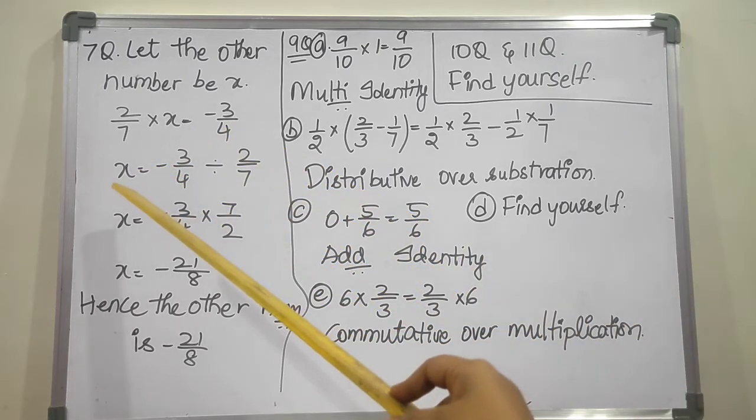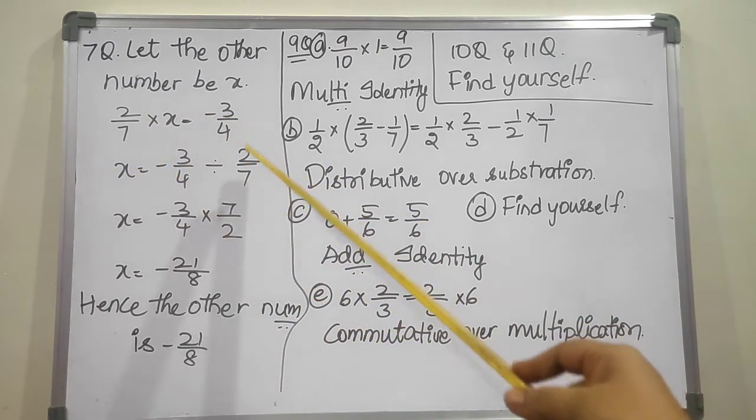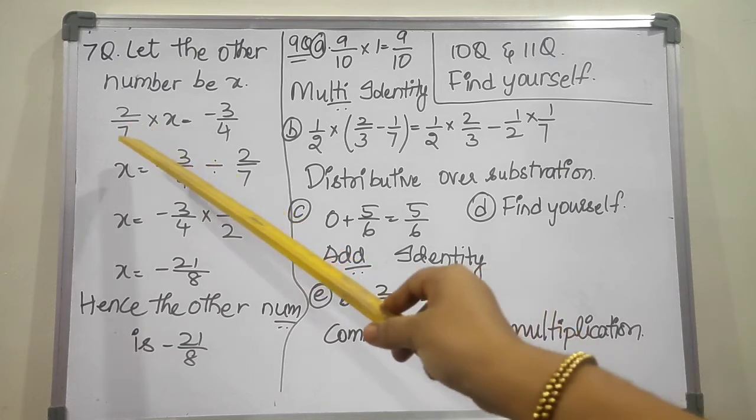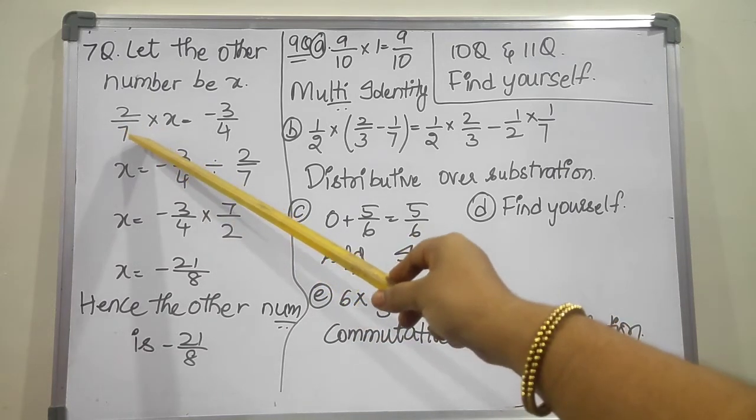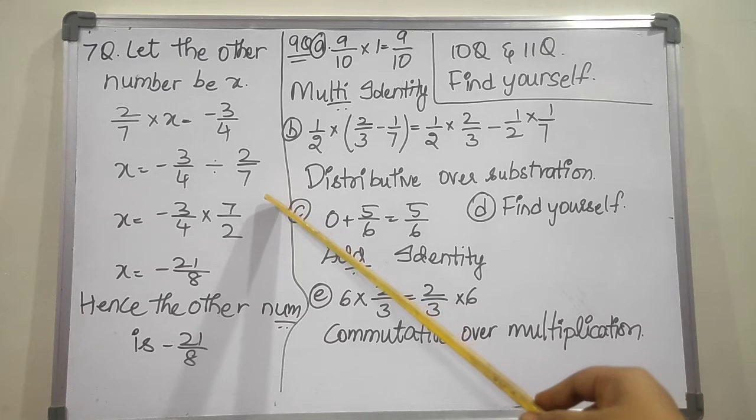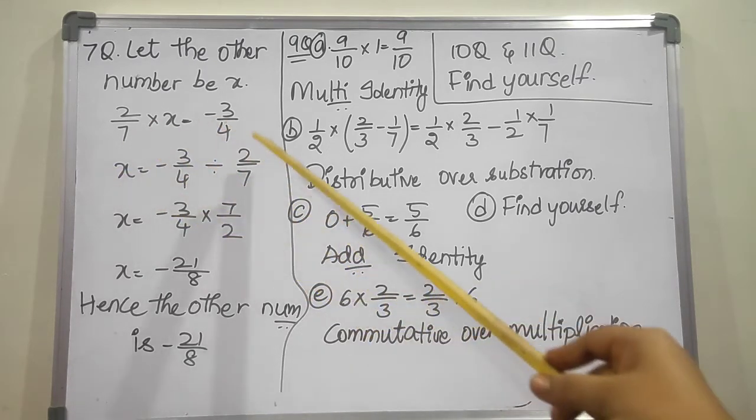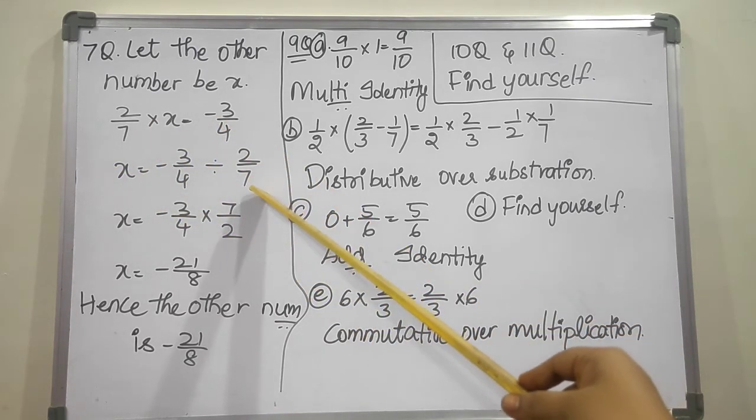Now we have taken the x here and the other rational numbers this side. When we take this number 2 by 7 from the LHS to the RHS, it becomes a division.